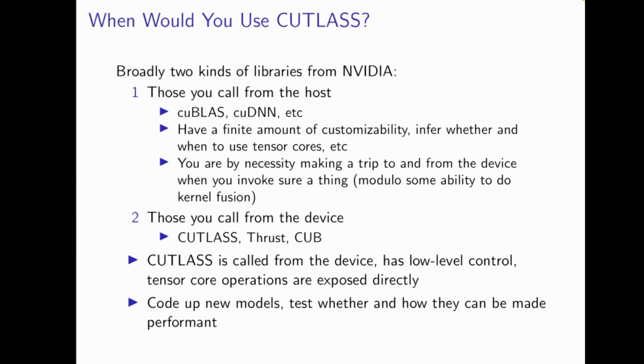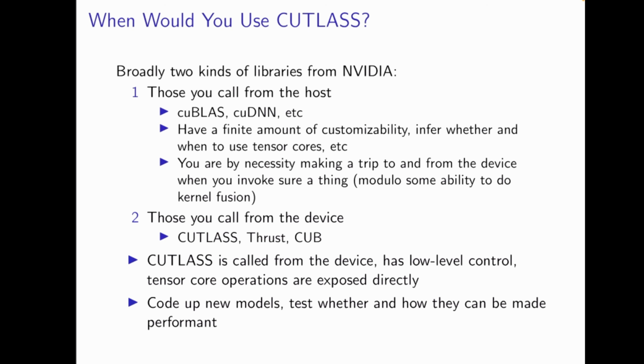So if you are exploring this space of performance-oriented machine learning models that incorporate a lot of linear algebra, as most of them do, this can be a good tool for you, because if it's a newer model, cuBLAS might not have the requisite flexibility to incorporate it.